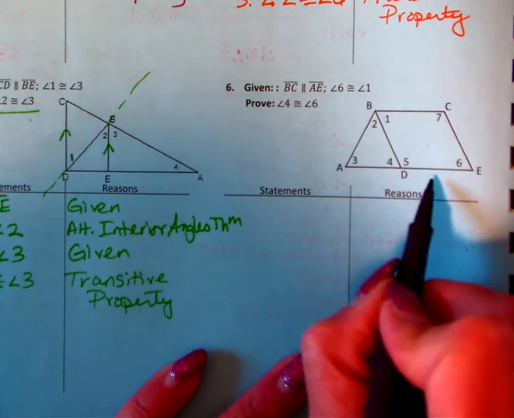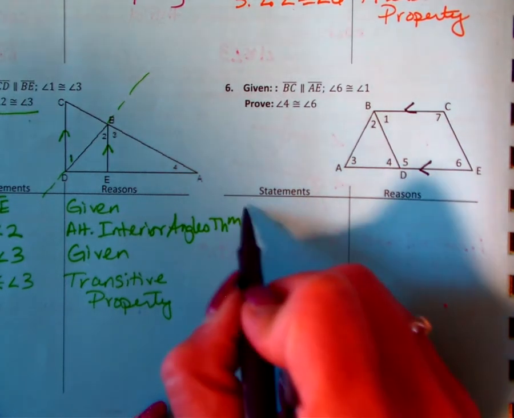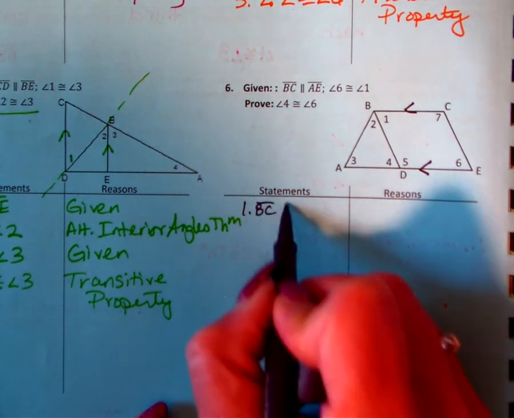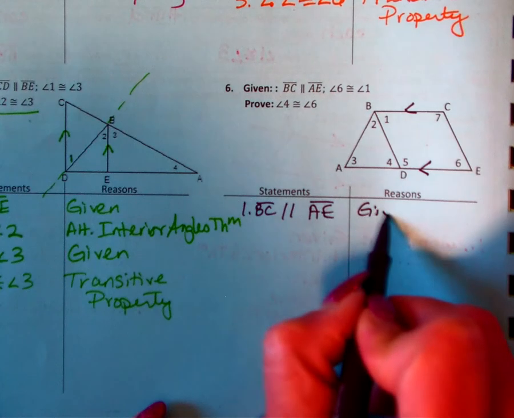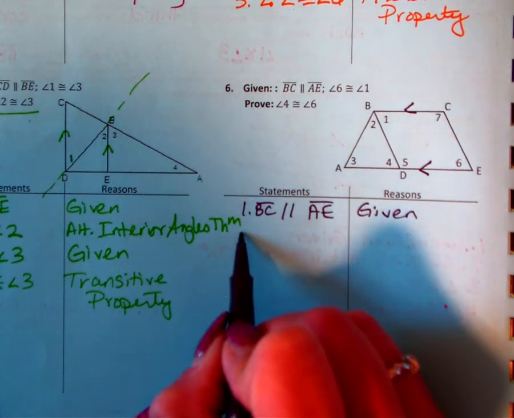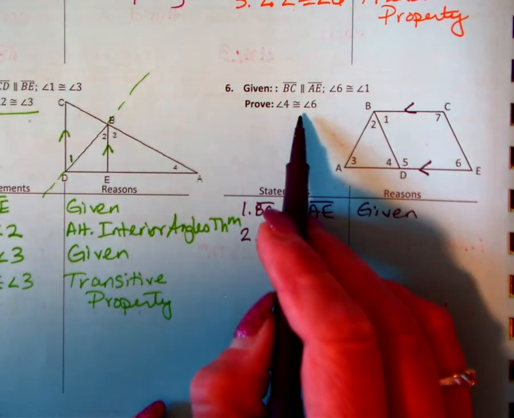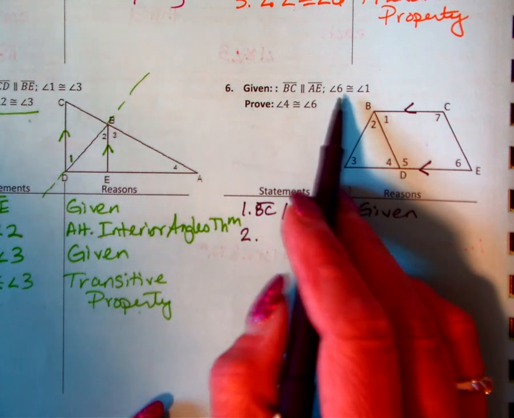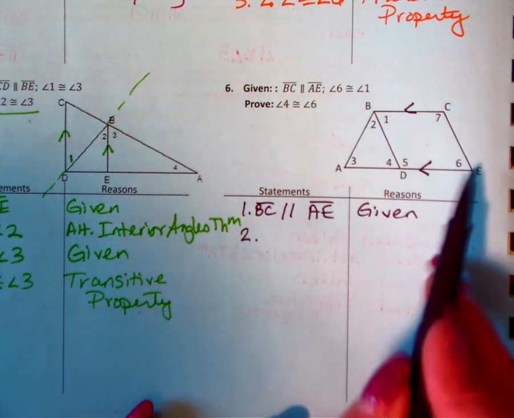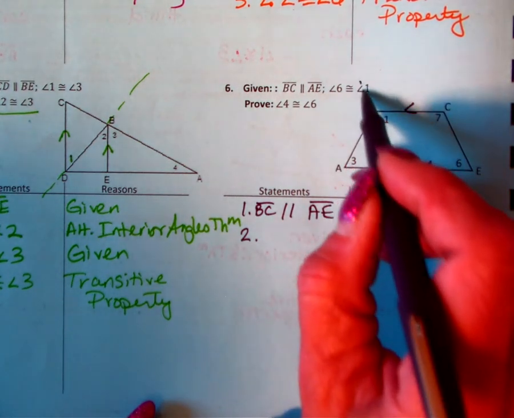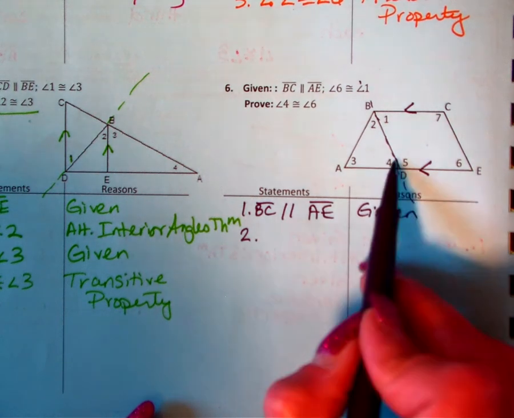Alright, next one, BC is parallel to AE. So parallel here to here. Okay, and that is given. Okay, and again, we're trying to prove angle 4 is congruent to angle 6. And if you look ahead a little bit, we've got angle 6 congruent to angle 1. So in our parallel, we've got a transversal here, right? Kind of look at it as cutting through if you want.